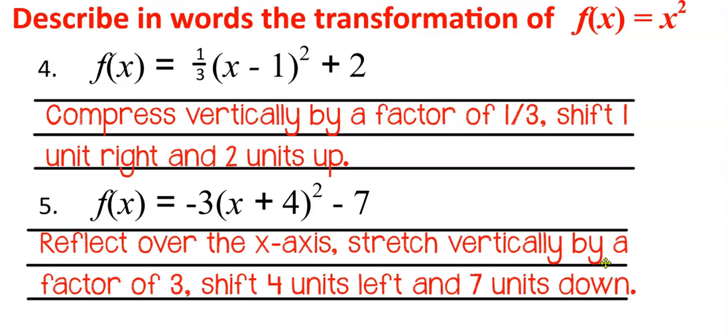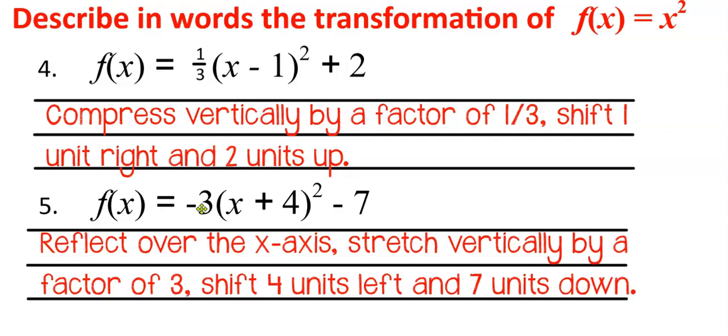Take a look at these answers. The first one, 1/3, is a fraction, so that means it compresses vertically, right? It gets wider. Compress vertically by a factor of 1/3. The 1 is a shift to the right, and the 2 is a shift up. For question number 5, the negative is a reflection over the x-axis. That's its own transformation.